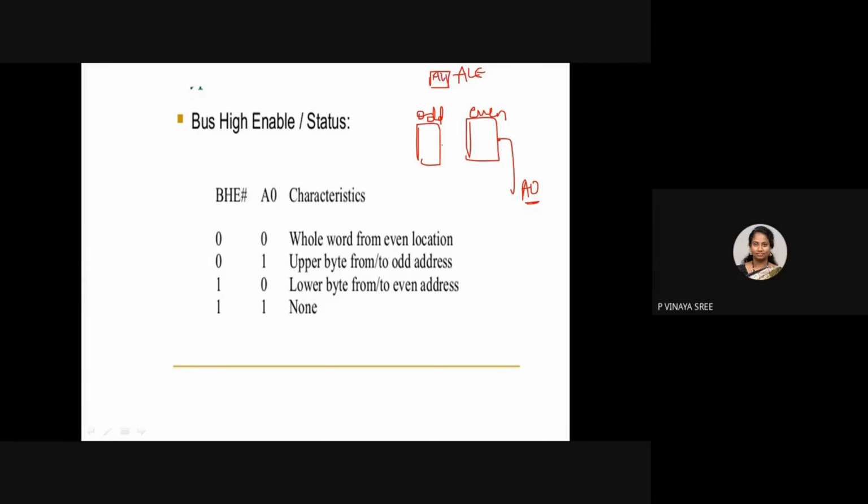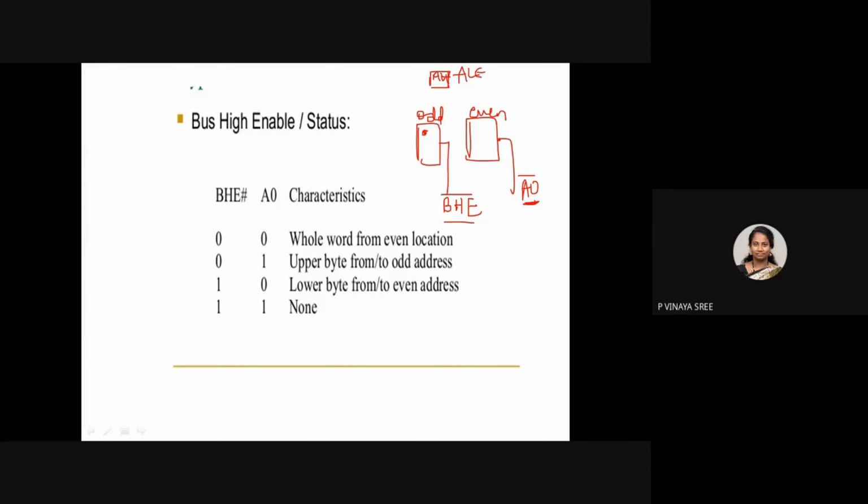That's the reason we are assigning one more signal called bus high enable. Bus high enable bar is nothing but BHE. H indicates higher order, meaning whenever you want to access higher order data, this has to be accessed. Whenever you want to access lower order data, this chip selection line has to be active.